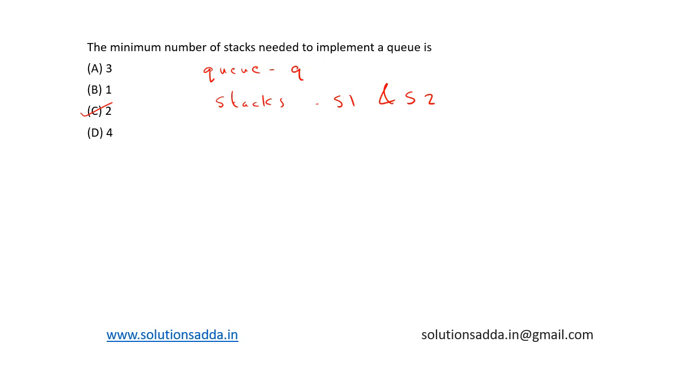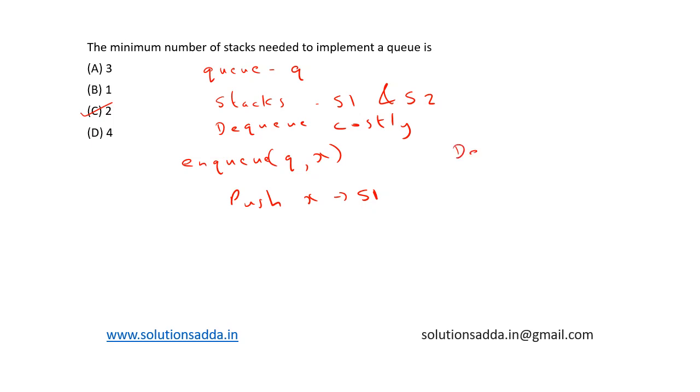One method is to make the DQ operation costly. To NQ an element X into the queue, we simply push the element X into the stack S1.